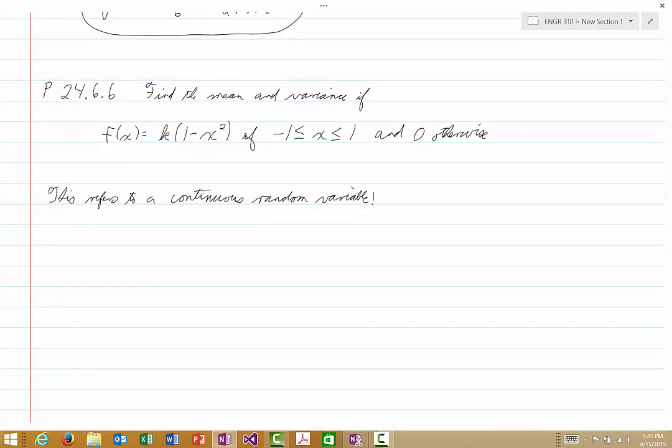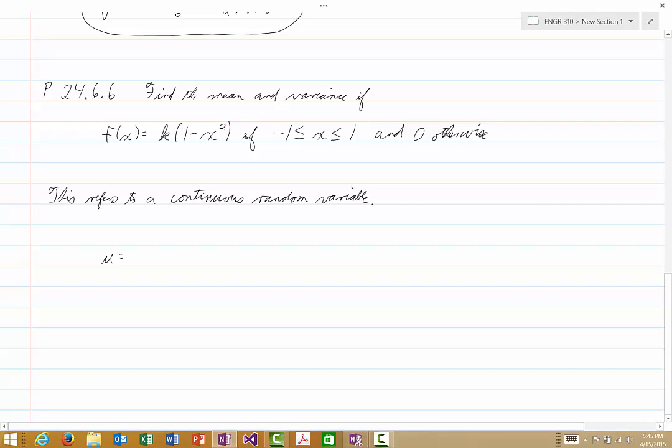Now, for the mean of a continuous random variable, remember what we did for the mean of a discrete random variable was we added up all the values it could have multiplied by the respective probabilities that the random variable did indeed have that particular value.